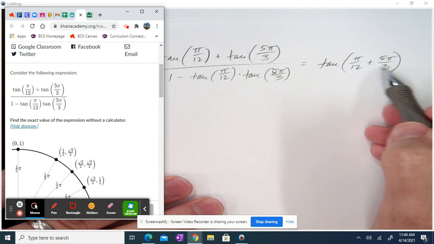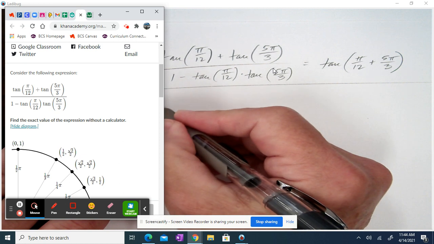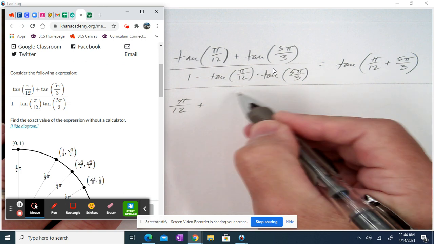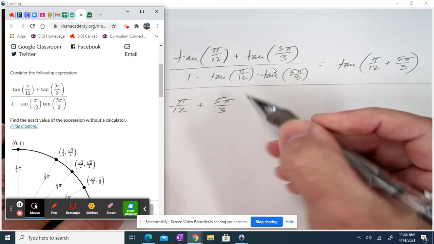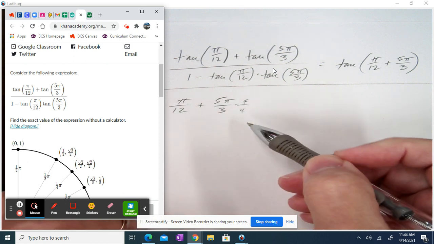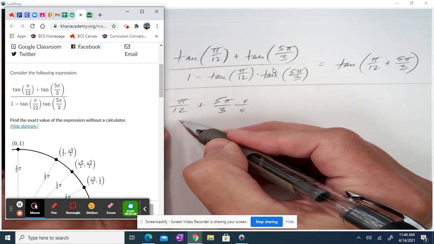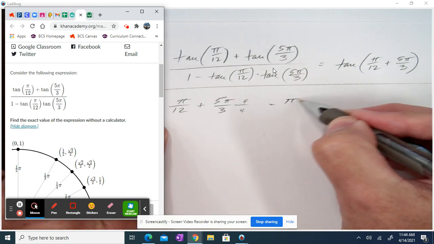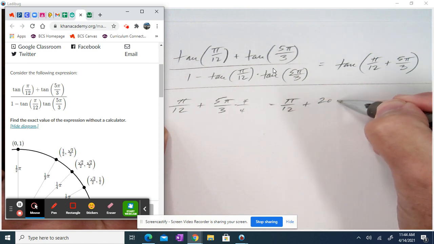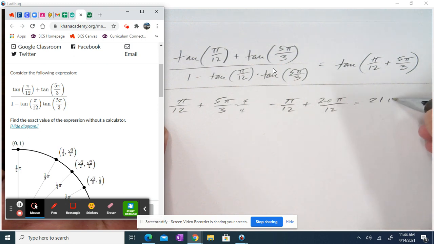So I'm going to turn this into 12s here, right? A little work down here would be, what is pi over 12 plus 5 pi over 3? Well, let's multiply this by 4 and this by 4. Maybe that will help. So this is going to be pi over 12 plus 20 pi over 12, which gives me 21 pi over 12.